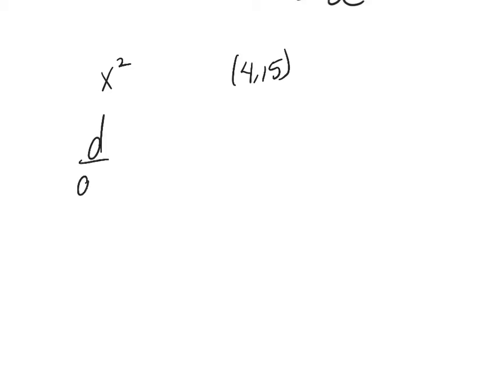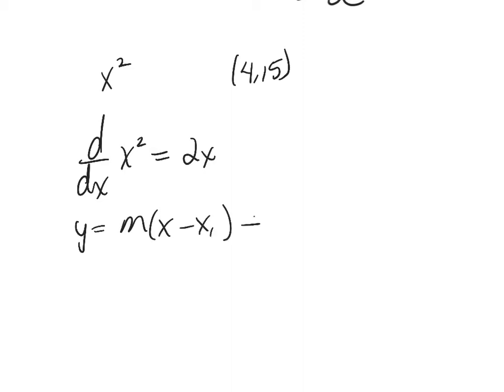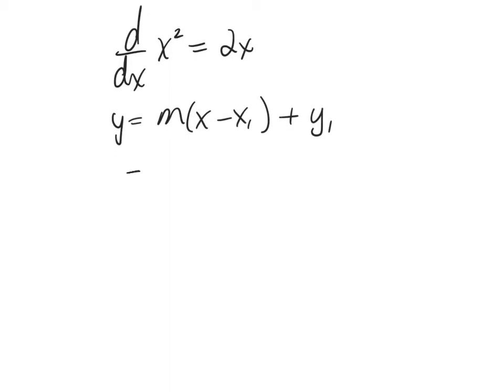Do d/dx, which is equal to what? 2x. Now we have this equation called the point-slope formula that we all forgot. y is equal to m(x minus x1) plus y1. So we know the slope is 2x.